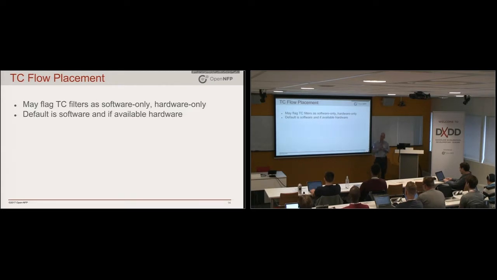But within TC, we can choose whether or not to put it into the software implementation or the hardware implementation, or both, using some flags. And typically, you would choose to only put it into the hardware, which is termed skip software, because there's not really any reason to have it in the software. But it depends what you want to do with the system. And I mention this particularly because it will come up again in my follow-up presentation.